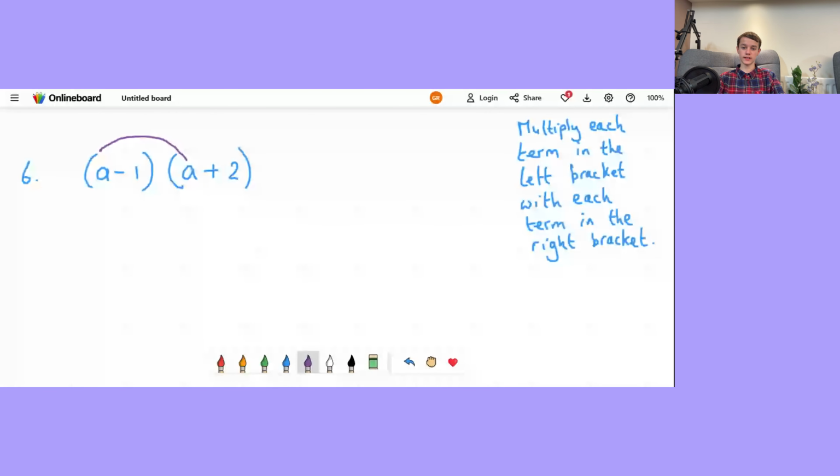So first you times the a by the a squared. Then you times the a by the plus 2, plus 2a. Then you times the minus 1 by the a, minus a.